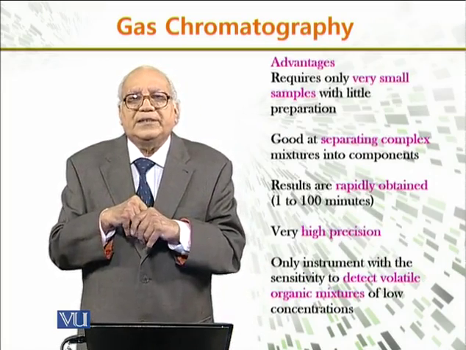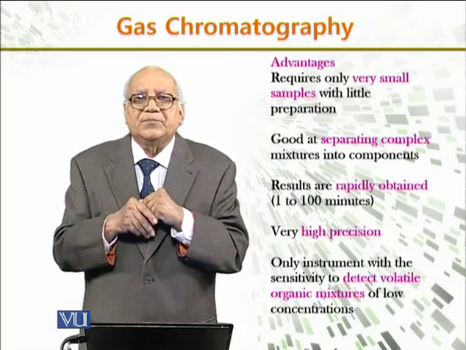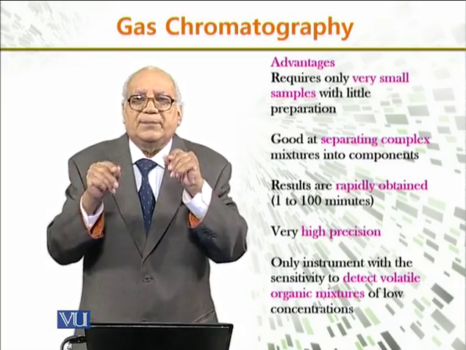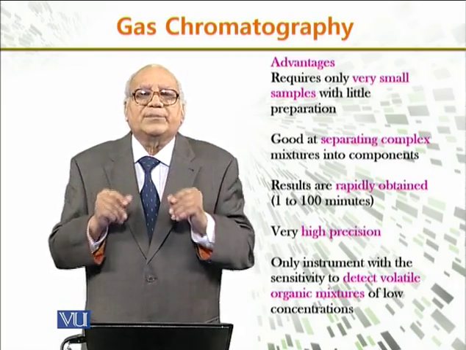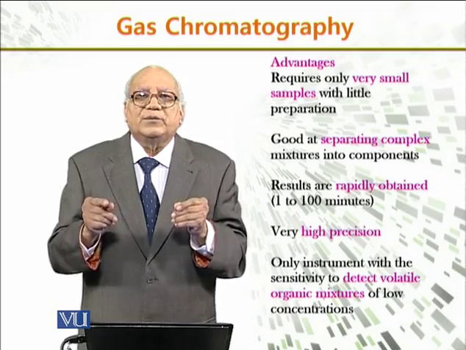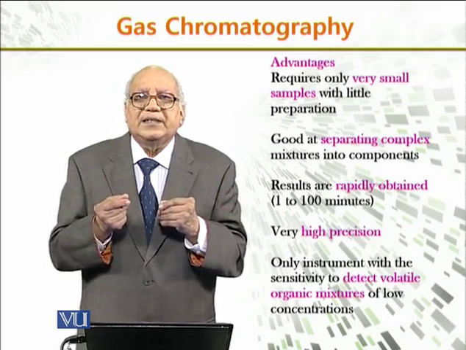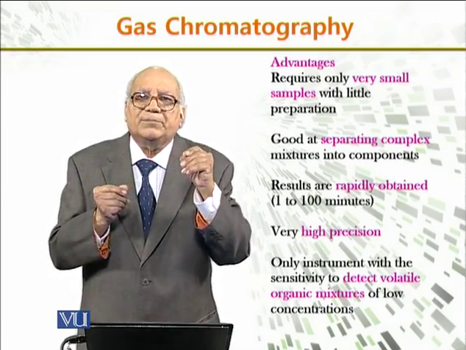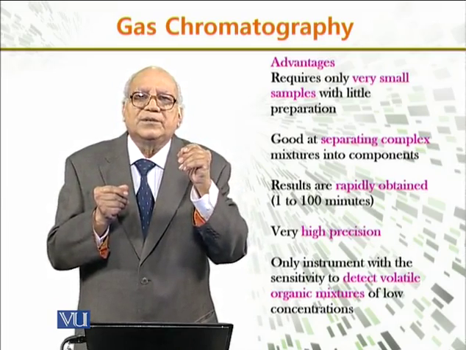Now, the advantage of this technique is that it requires only a very small sample with little preparation, because the volatile compounds are detected there. So we need a very small sample, in microliters.